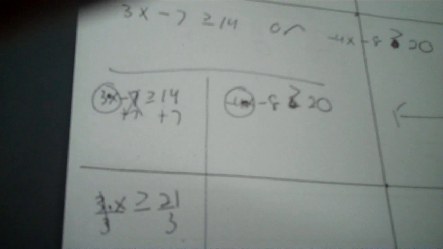Okay, over here, x has a multiplying number. The multiplying number is a negative, so that symbol needs to switch, okay? Again, see here it was a positive, so I left it the same. Here it's a negative, so you flip it. So I plus 8, negative 4x, 20 plus 8 is 28.